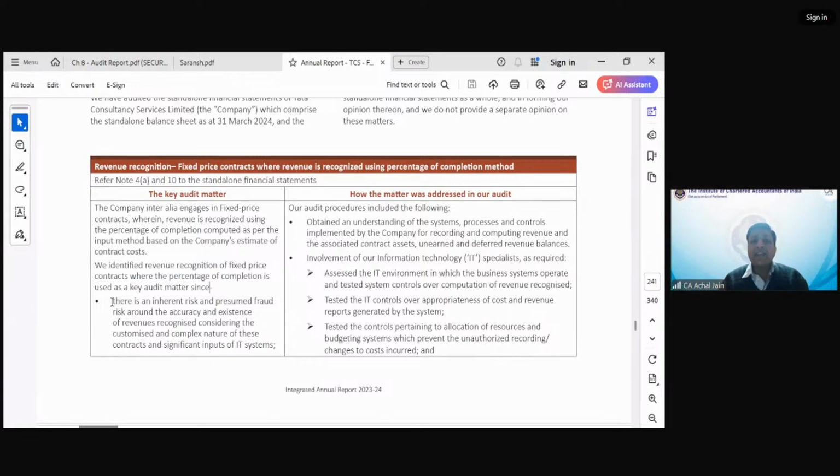There is inherent risk and presumed fraud risk around the accuracy. So he's talking about the assertions. Can you see this? The auditor is specifically giving the assertions which have been the problem around the accuracy and existence of revenues recognized. Considering the customized and complex nature of contracts and the significant inputs of IT systems.